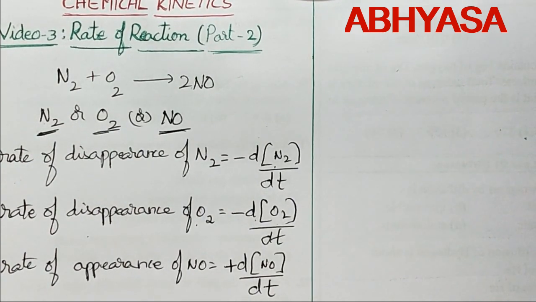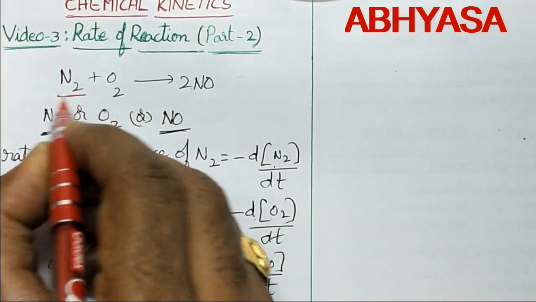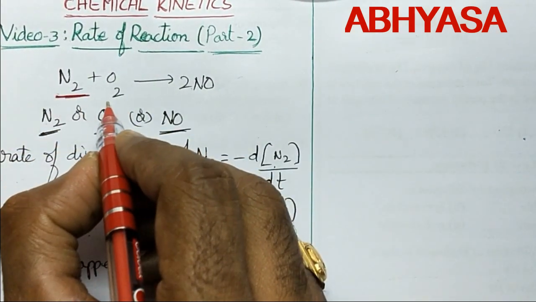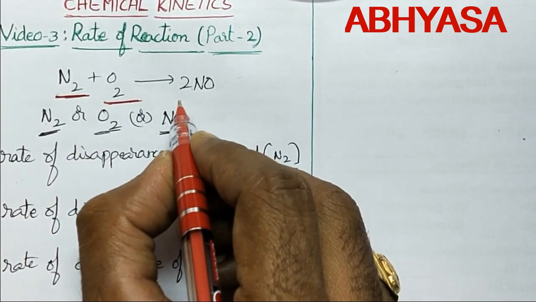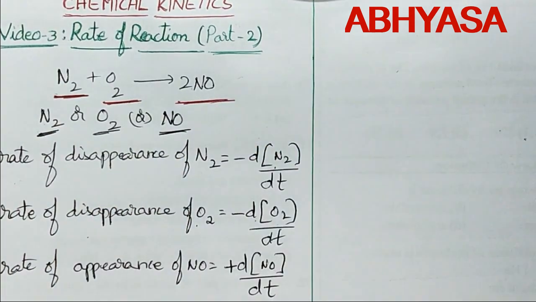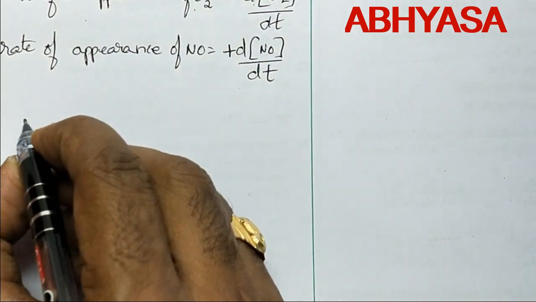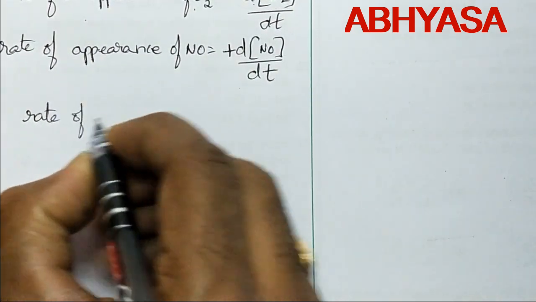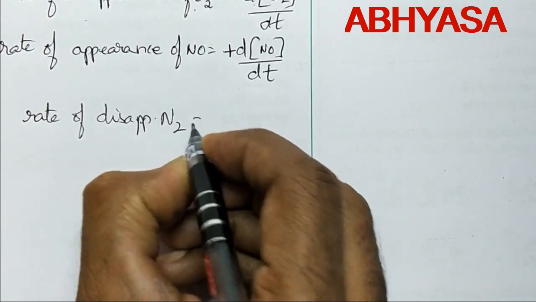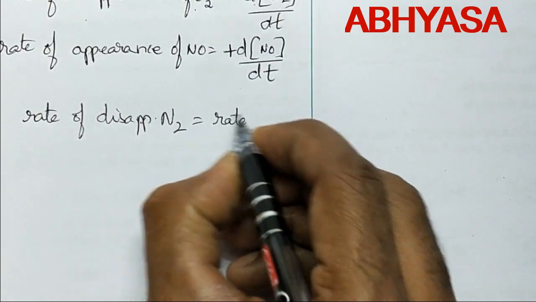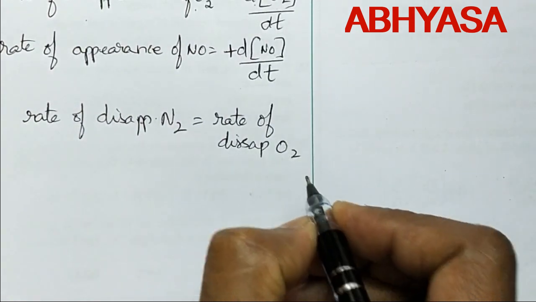Now this balanced chemical equation gives some information: 1 mole of nitrogen combines with 1 mole of oxygen to form 2 moles of nitric oxide. So it is very clear that the rate at which nitrogen is disappearing is equal to the rate at which oxygen is disappearing.